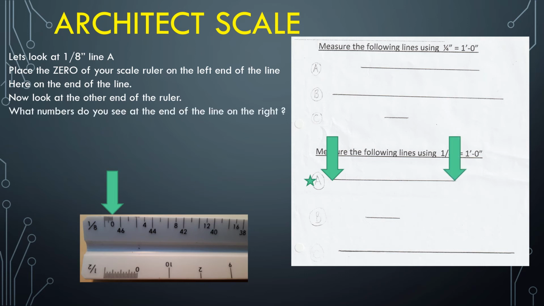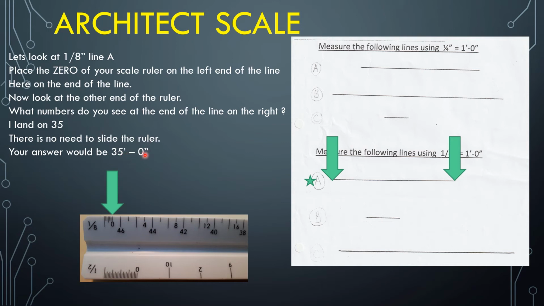What numbers do you see at the end of the line on the right? Now remember, you're using the numbers at the top now. Don't get confused. Okay. So what do we see on the right? I land on 35. Dead even, right on the money. There's no need to slide the ruler because the answer is 35. Your answer would be written as 35 feet and 0 inches, and that's how you write it.